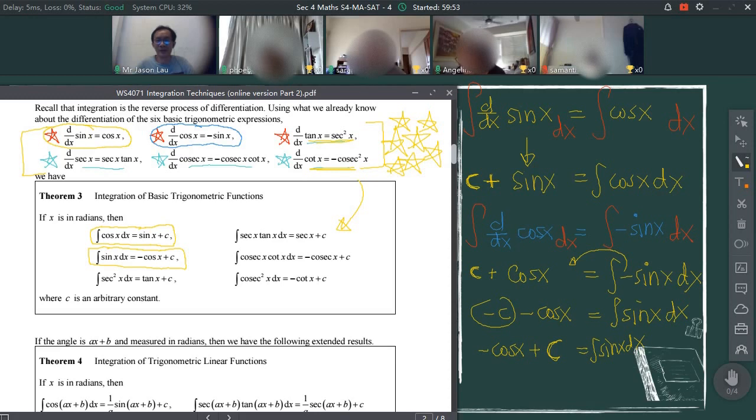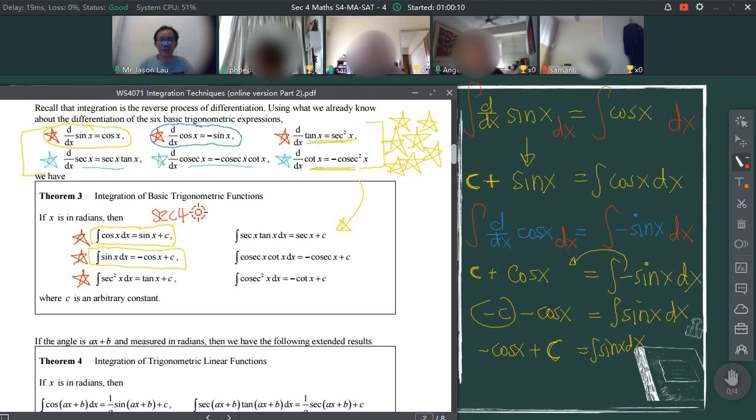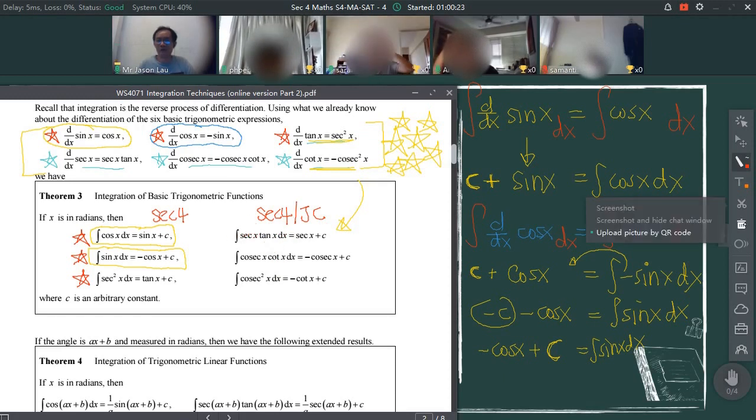But I feel these three you need to know very well. This one is more secondary 4, very common. Here is secondary 4 plus JC. If you go to JC, all these will be common. But in secondary 4, some questions will still ask on the second column. Even Cambridge will ask, so just be careful a bit.